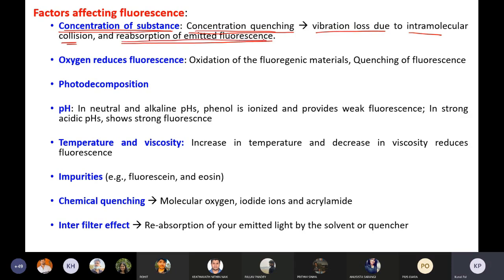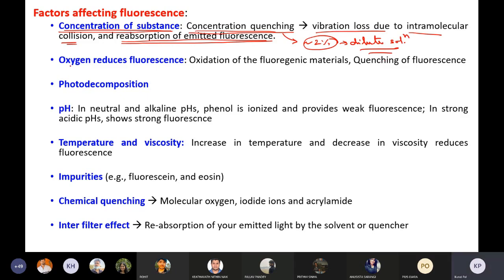Okay, so high concentration of the substance in a solution results in concentration quenching, and usually we should keep the substance concentration in the solution to less than or equal to 2%. So that means we need to use a dilute solution in the case of fluorescence measurement.